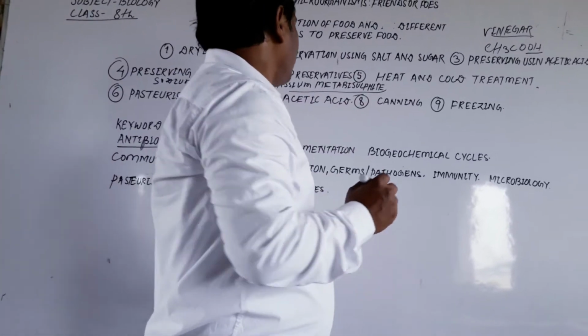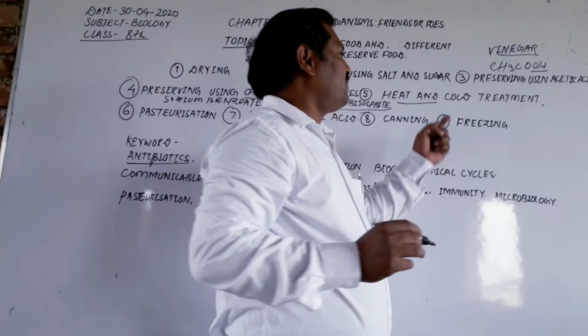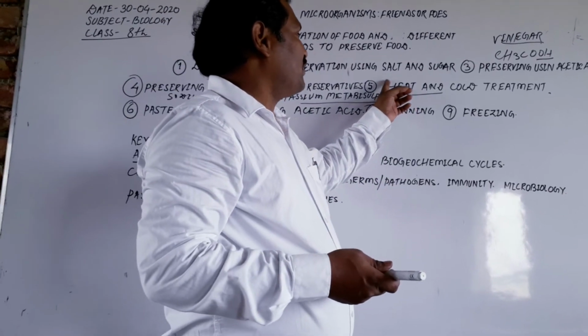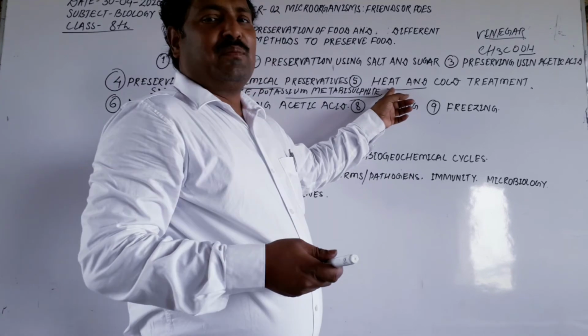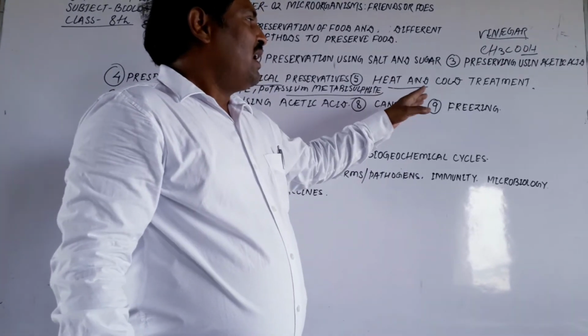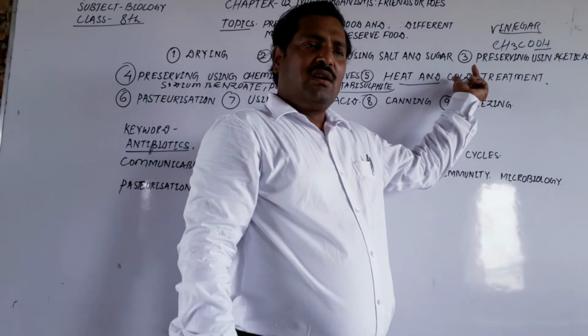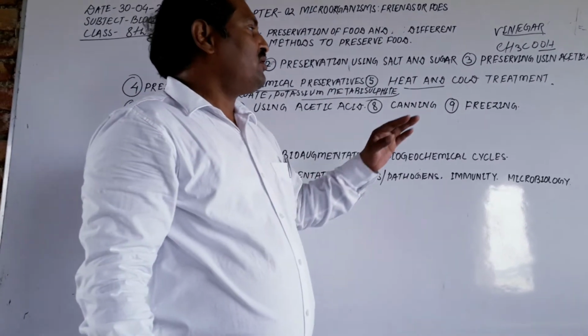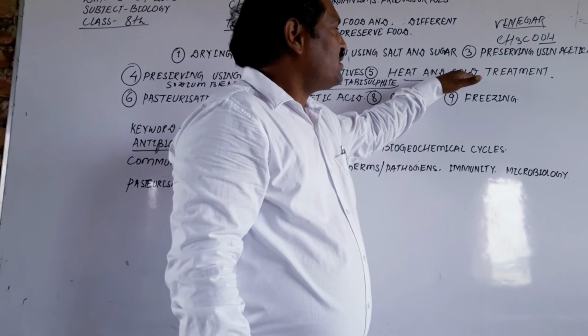So dear students, another topic is heat and cold treatment. It is very important: when we boil food or put it into heat, the microbes are retarded. The second thing is cold. Cold is also most important, as low temperature is not suitable for the growth of microorganisms.